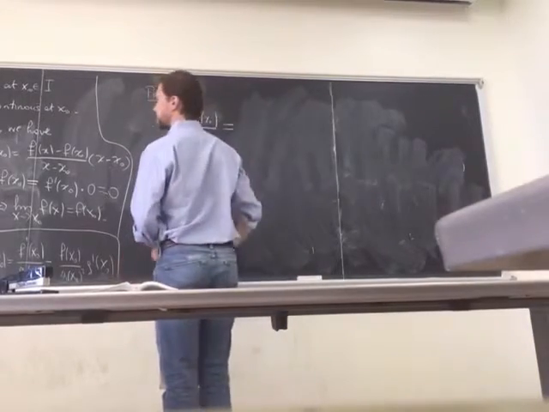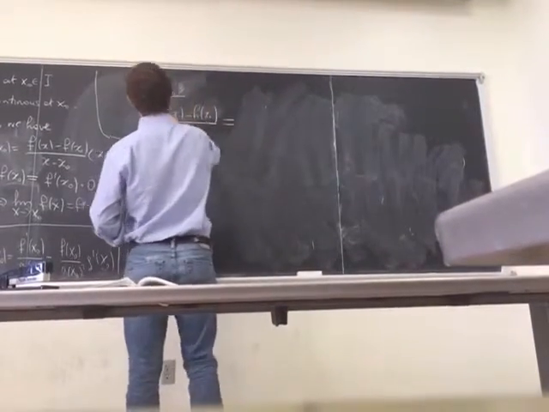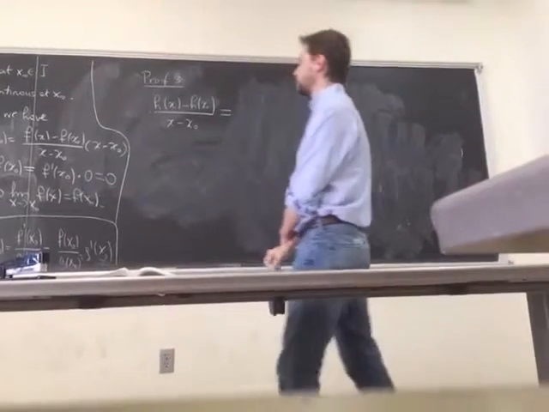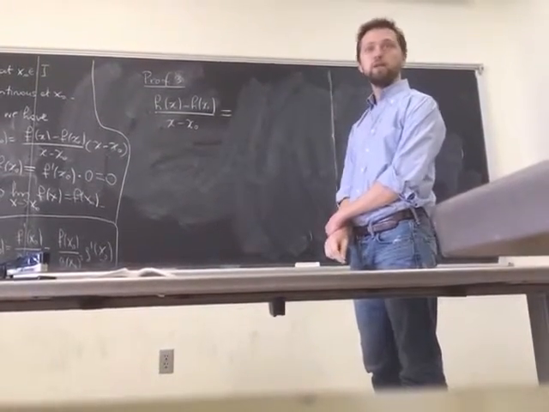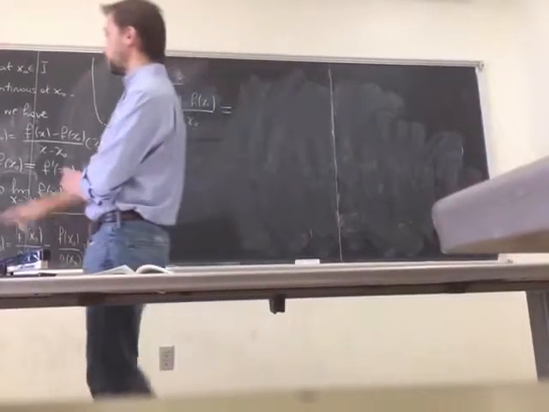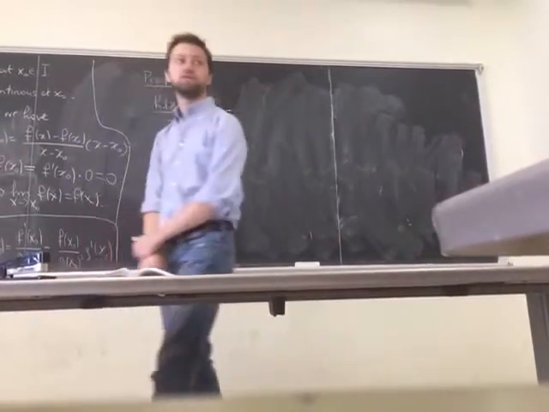So proof of 3, we have h of x minus h of x naught divided by x minus x naught. And we want to consider the function h given by the ratio f of x over g of x.